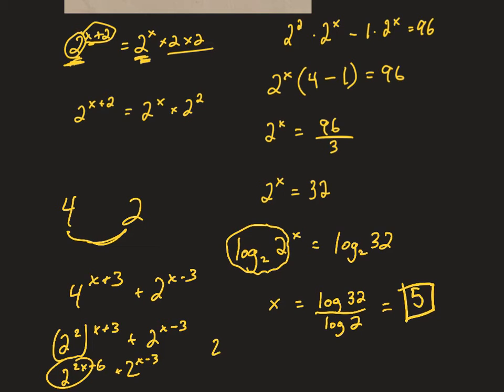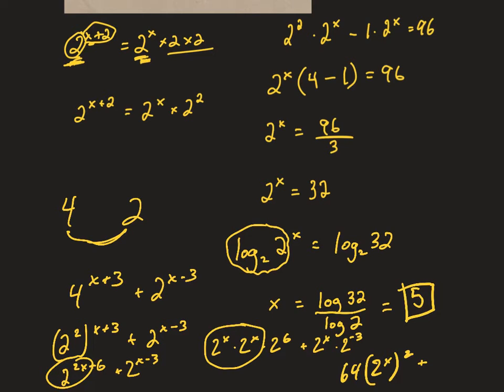So this is going to be 2 to the x times 2 to the x times 2 to the 6 plus 2 to the x times 2 to the negative 3. This will be 2 to the x squared, and 2 to the 6 is 2, 4, 8, 16, 32, 64.